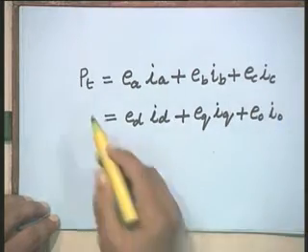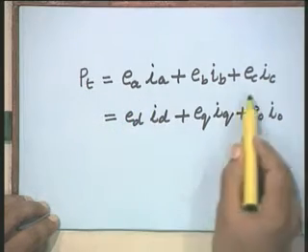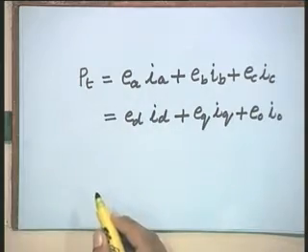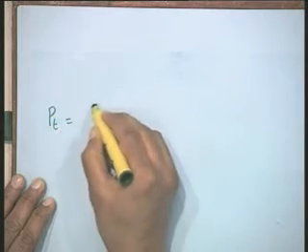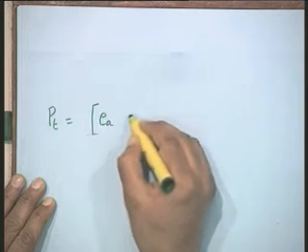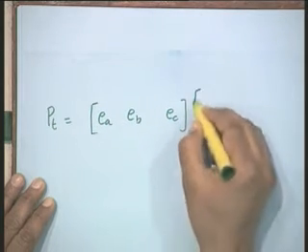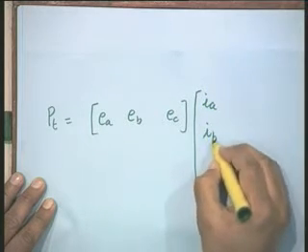Therefore, now if you substitute here, this equation can be written as PT equal to the row vector EA, EB, EC multiplied by the column vector IA, IB, IC.